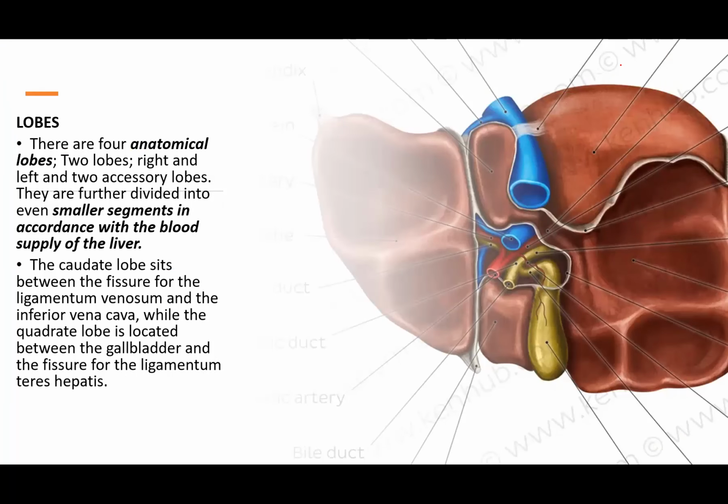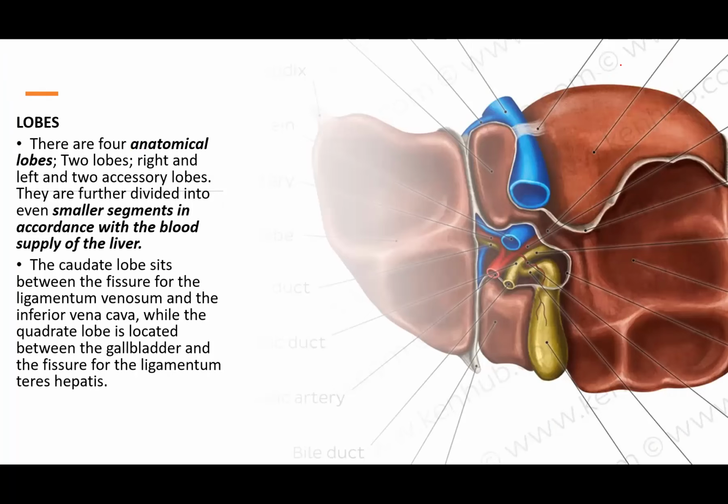The lobes of the liver. There are 4 anatomic lobes. We said the 2 lobes, the right, which is the larger, and the left, and 2 accessory lobes, as we described earlier on.